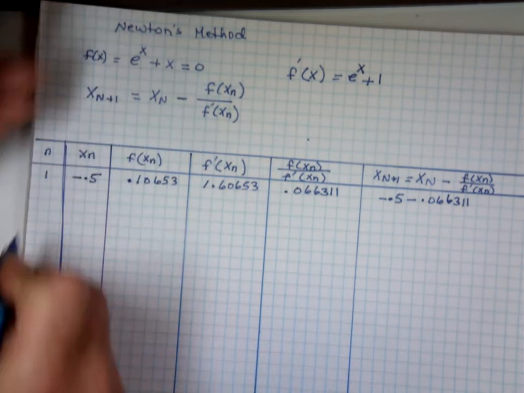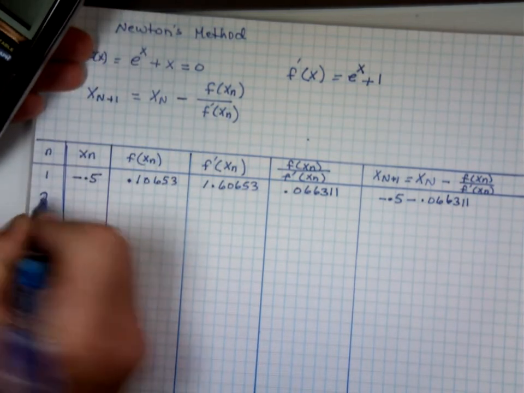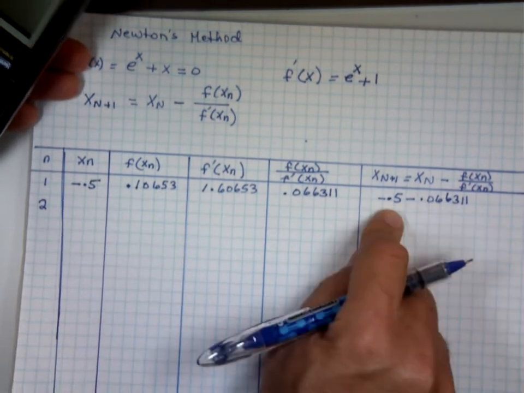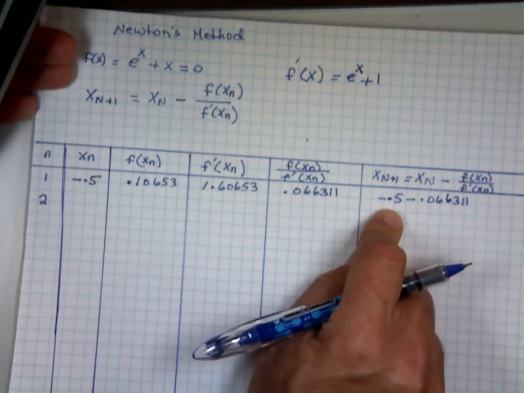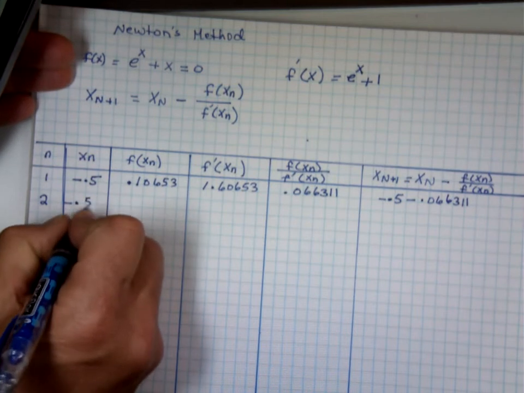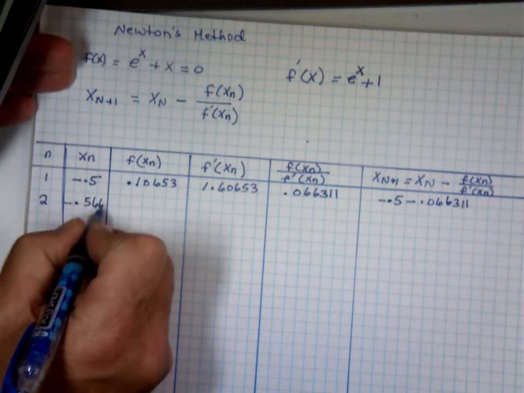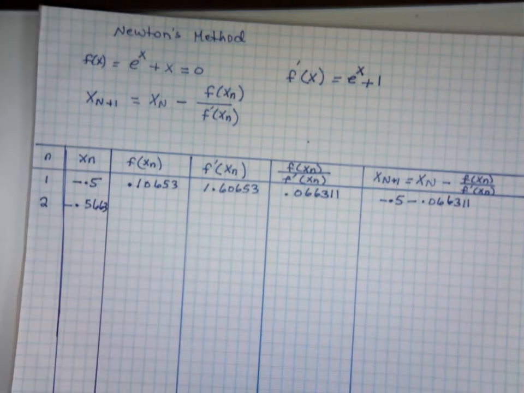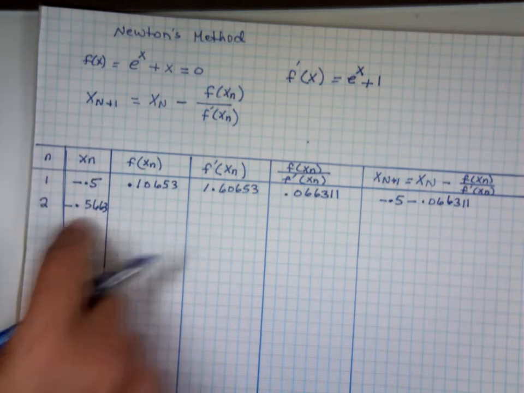So my next number I'm going to be using in step 2 is going to be the result of this, which is what? Negative 0.5663. Let's see what that number is going to give me.